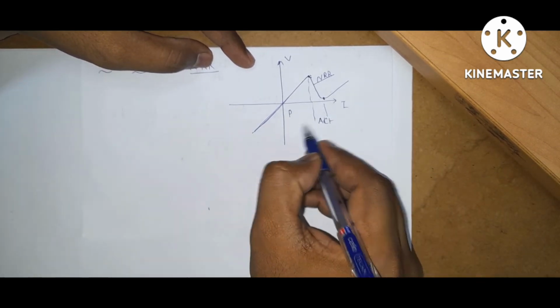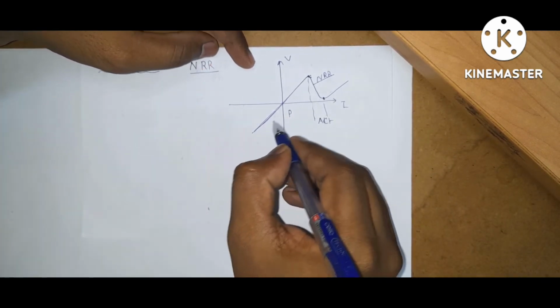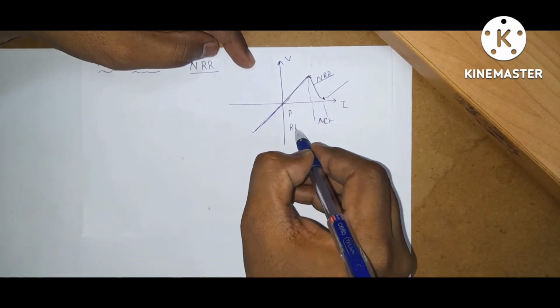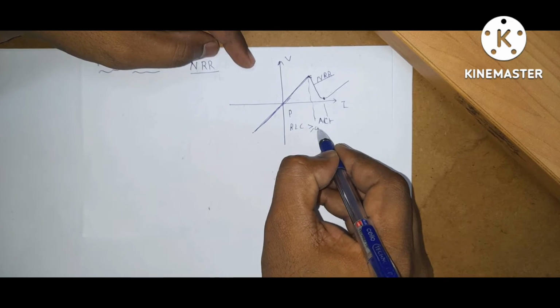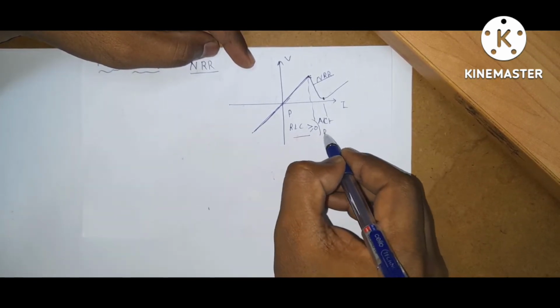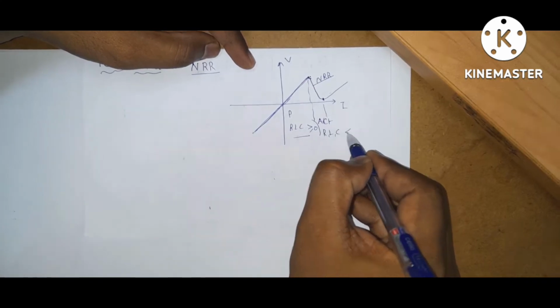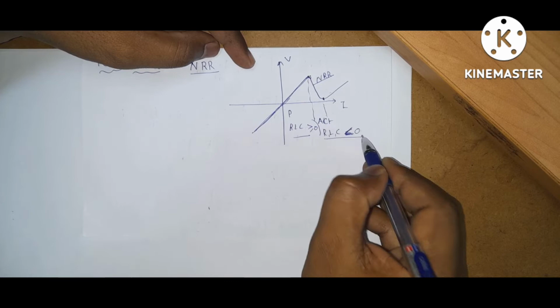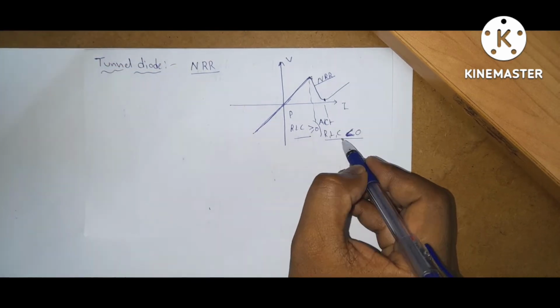Similarly, RLC elements in the positive slope region, that means RLC greater than 0, are passive elements. If RLC are less than 0, then these are called active elements.